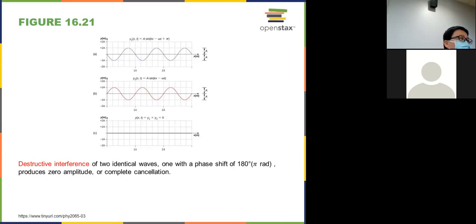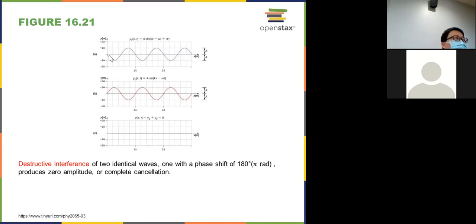From the wave function here, you can see that when destructive interference happens, the initial two waves have a phase difference of 180 degrees. These two waves look pretty much the same as each other, but with a phase shift.